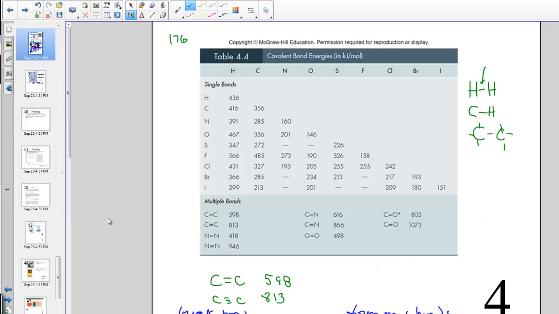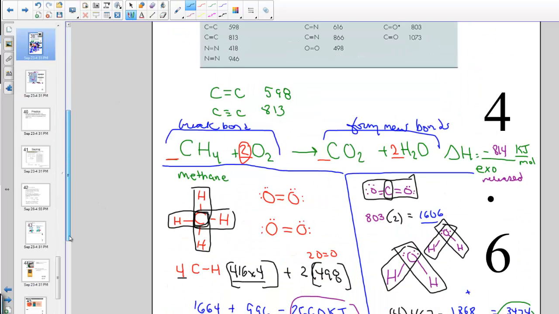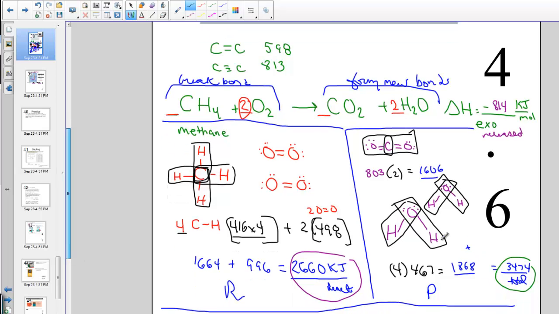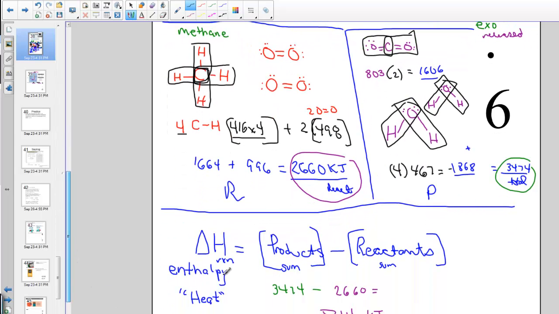Here, back on our previous slide, notice that on this side, because we're forming bonds, technically this is a negative sign, and over here these would be positive signs from our chart. So if we consider this value being negative, placing that into your negative product here, you'd have negative minus a smaller value, and you can see how it's negative overall.